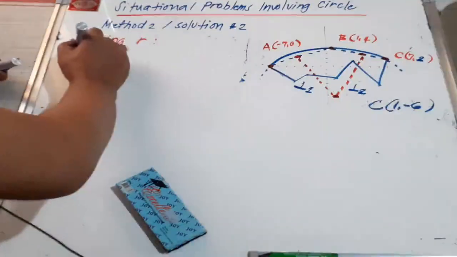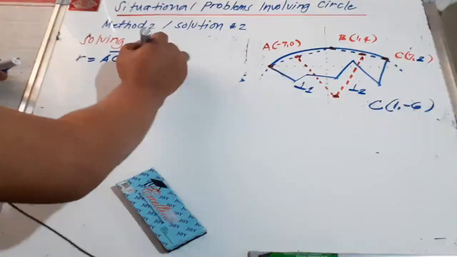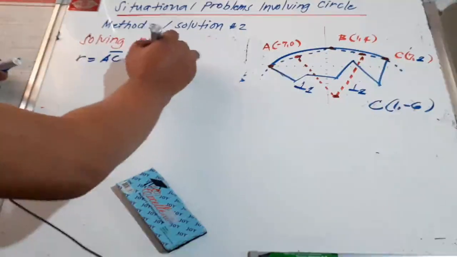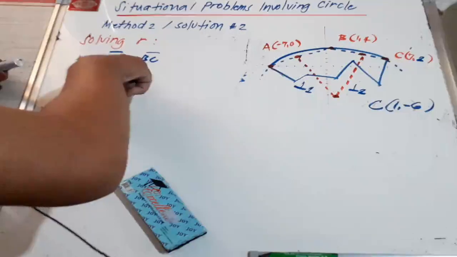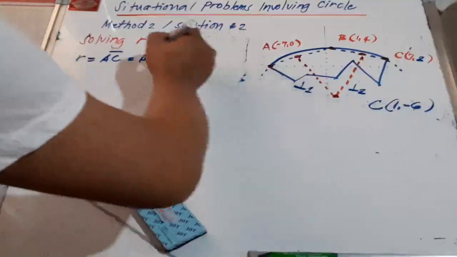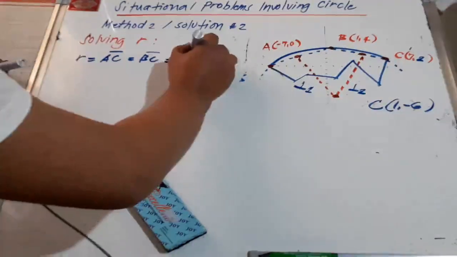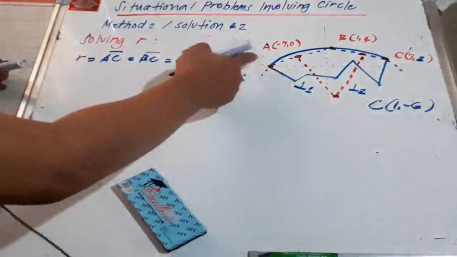So, pwedeng R equals AC, o R equals BC, where A, B po ay point dun sa circle natin, at yung C natin yung center. Or pwede rin gawin natin tong C prime. So, pwede rin C prime C. Okay. So, gamitin na lang natin tong AC, yung points A and C.